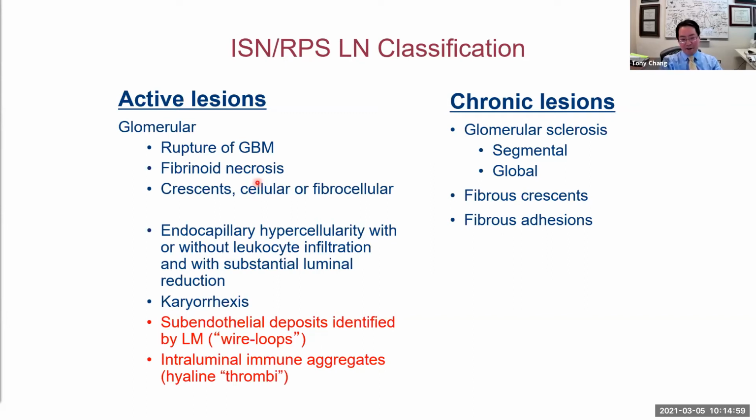The more active the biopsy, that represents how much ongoing injury is potentially amenable to therapy, that could potentially be reversed, right? And chronicity represents scarring or irreversible damage, and that's not something that we would specifically treat yet. Maybe someday there'll be therapies that will allow us to treat chronicity, but not currently.